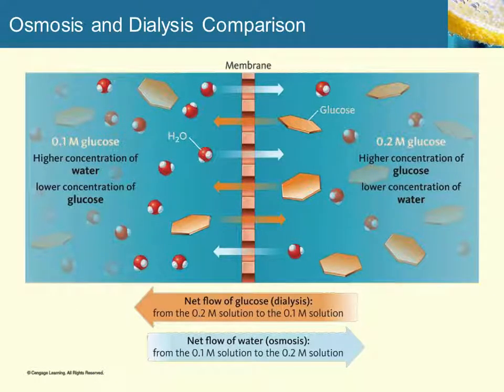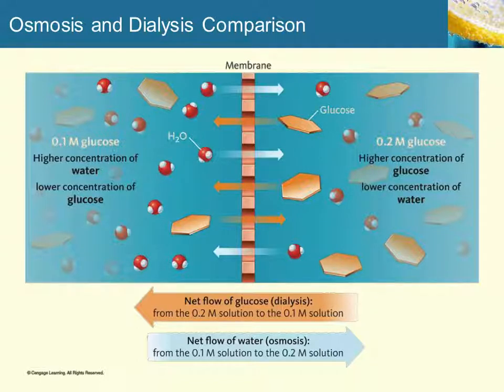So let's look at this diagram here of a semi-permeable membrane, okay? And you can see on the left side of the membrane, you have a 0.1 molar glucose solution. And on the right side, you have a 0.2 molar glucose solution. So what that means is there's more glucose on the right than on the left, but there's more water on the left than on the right.